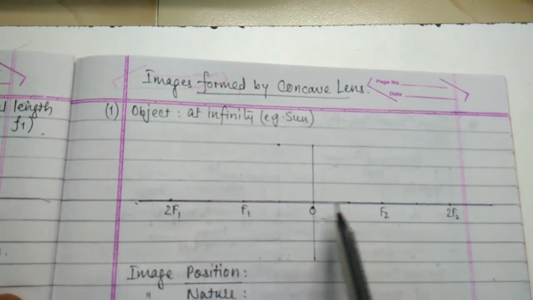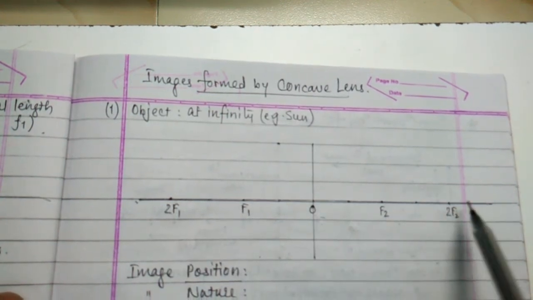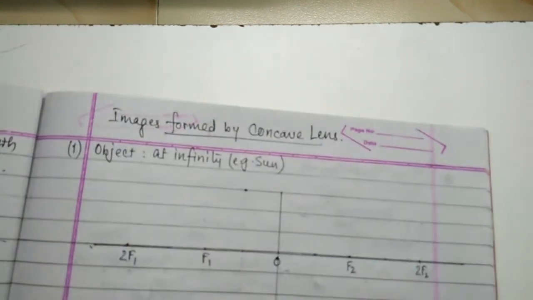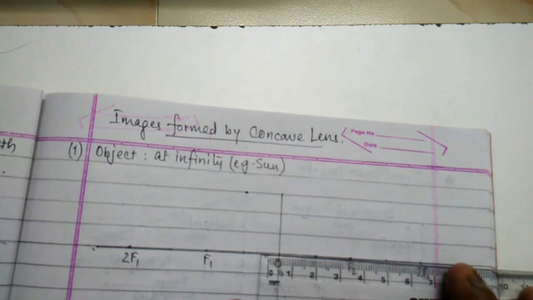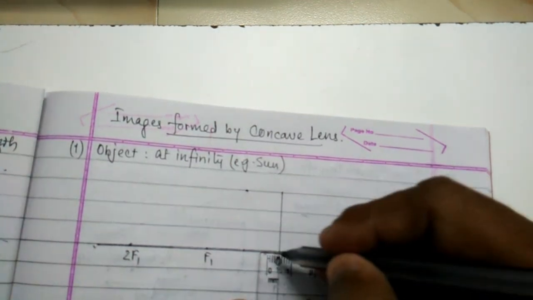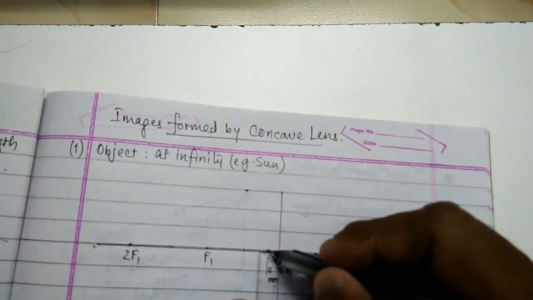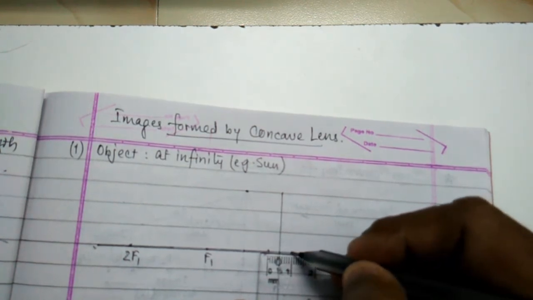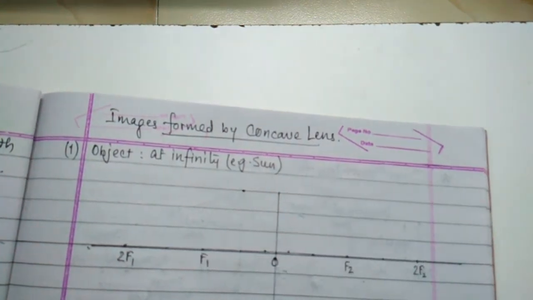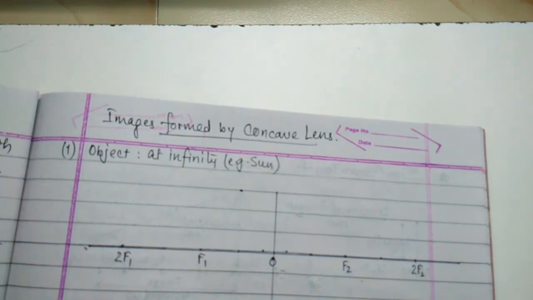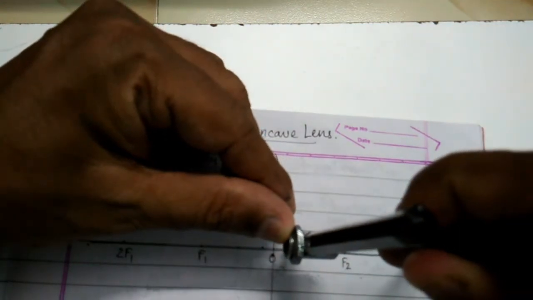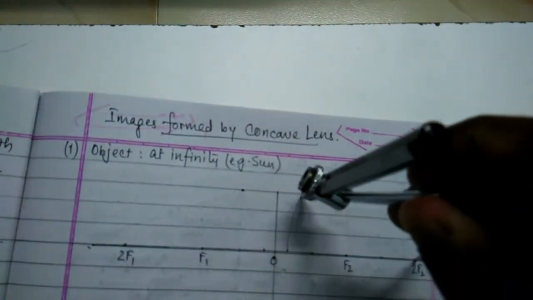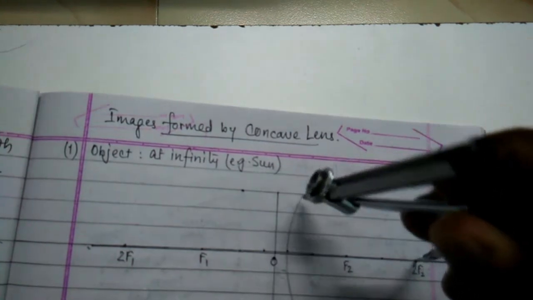0 centimeter, 3 centimeter, 6 centimeter, 9 centimeter and 12 centimeter. But we have to draw the concave lens. So from O, half centimeter this side and half centimeter this side. Now from F2, and from F1.